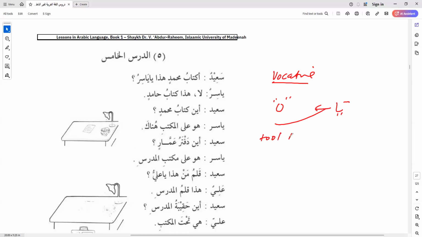It's a tool to express your reverence or respect to somebody. In Arabic, you don't call a person straight away by their first name. You have to say "ya".